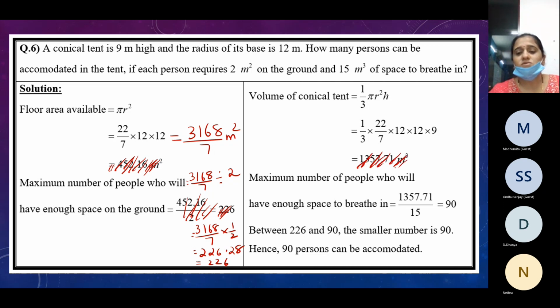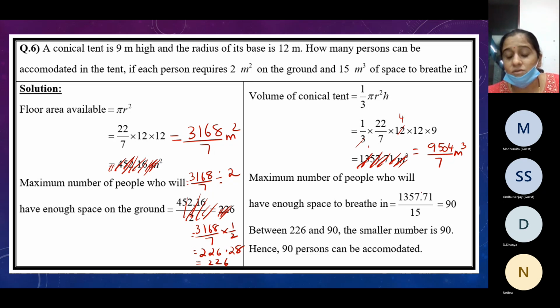So you can simplify. 3 ones are 3, 3 fours are 12. Then nothing else can be done. So it will be 22 into 4 into 108, 9504. So it is equal to 9504 by 7 meter cubed.